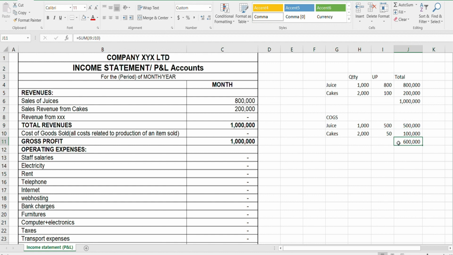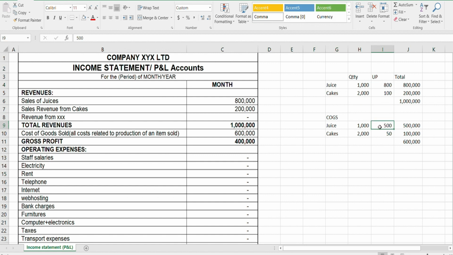So this total of 600 is called the cost of goods sold. We make this for us to know how we made pricing, because if we had made an error here, to sell this at 500, you see that the business can't be viable.